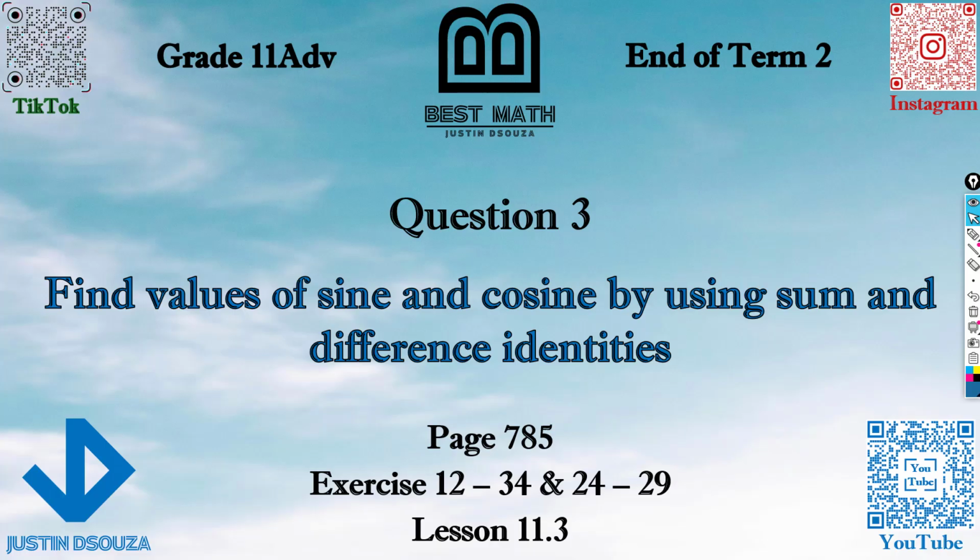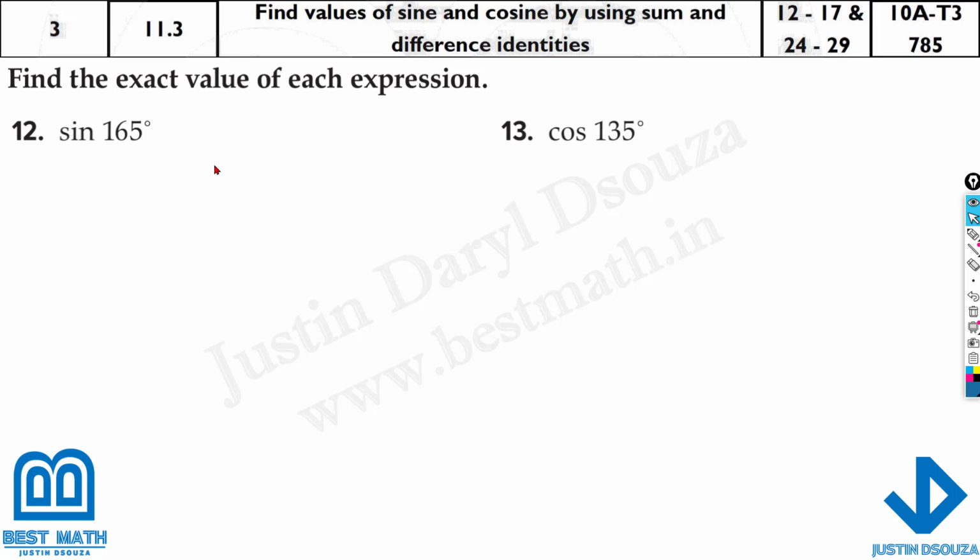Question 3 is to find values of sine and cosine by using sum and difference identities. But again, since it's the electronic part, we can use a calculator and solve it directly. It's from lesson 11.3. Now all we need is a calculator. The thing you need to remember in these questions is whether it's given in degrees or in radians.